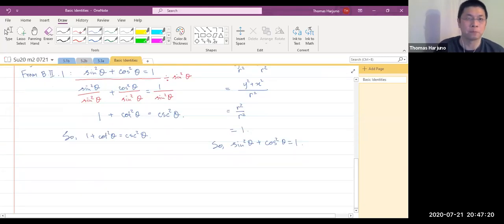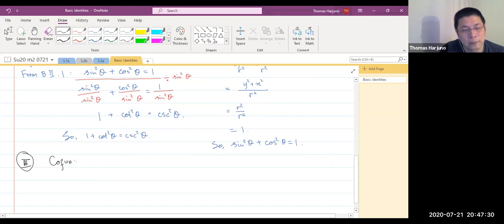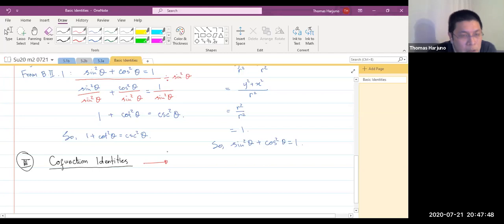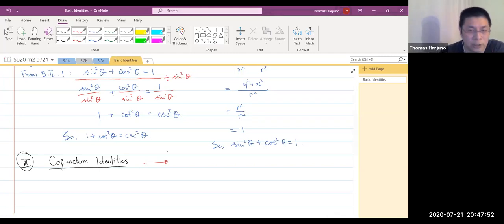The third group: co-function identities. In these identities, we want to see the relation between a trig function and its co-function.